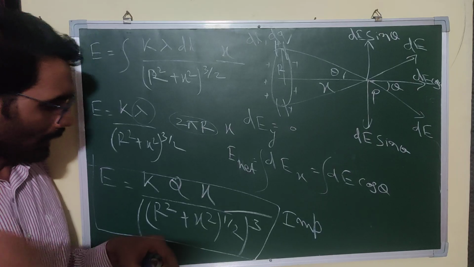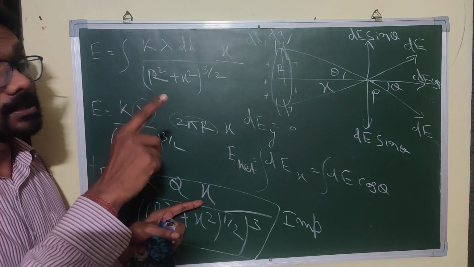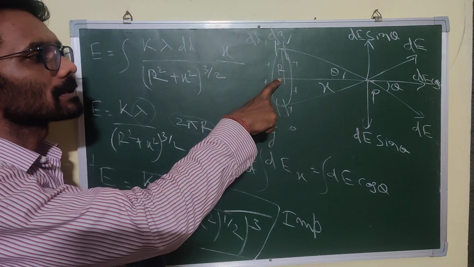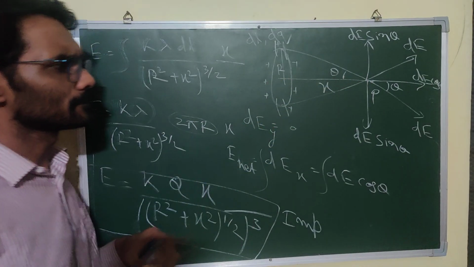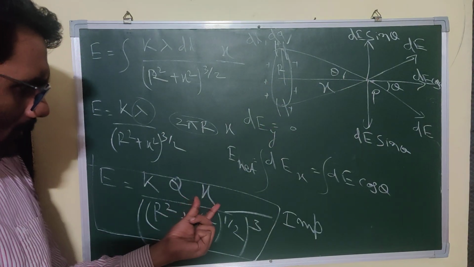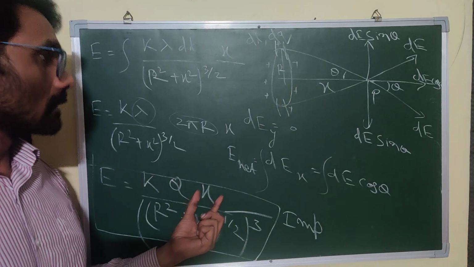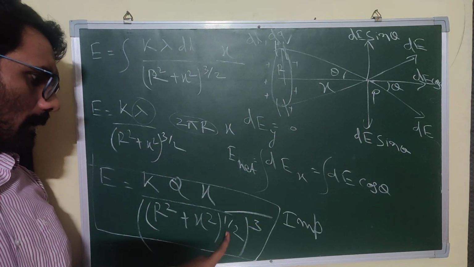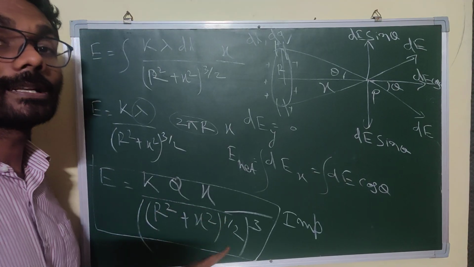And this x is the distance from the center of the charged loop to the P point. That means this x is this distance, but R square plus x square to the power 1 by 2 is also a length, right? And what is that?